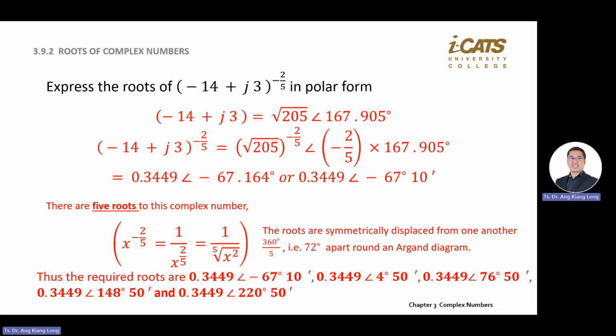So this angle, this is 3, this is 14, and this is minus.